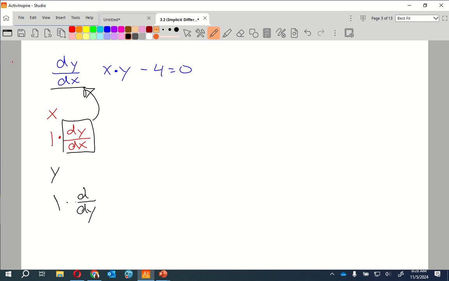It says I'm taking the derivative of function y in terms of x, so I don't need to restate that.